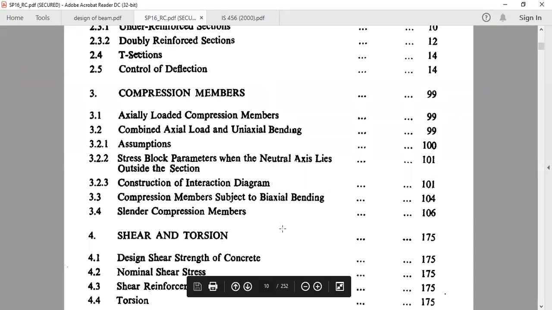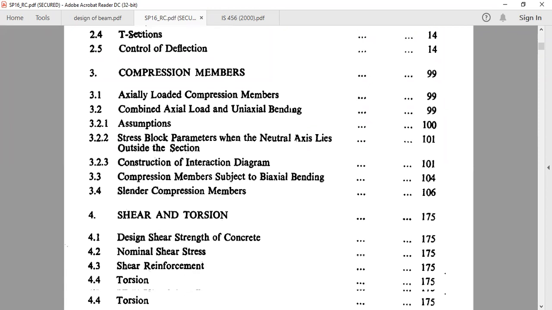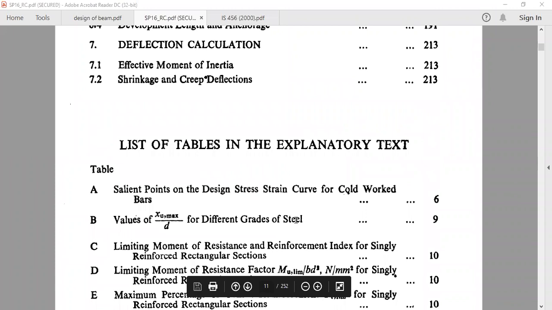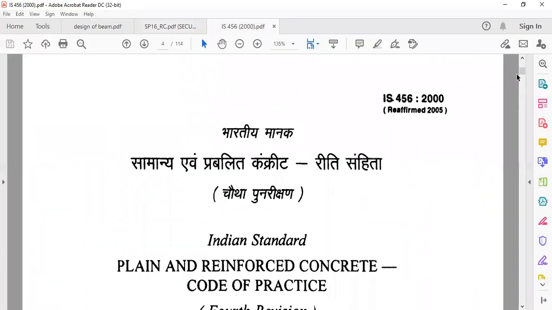So you can see the total design procedure in this. This is a bigger one having around 250 pages, and working stress design as well. So we'll first go through what exactly this IS 456 code is related to the limit state method.